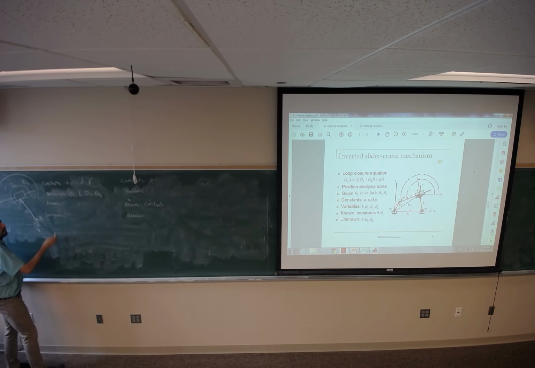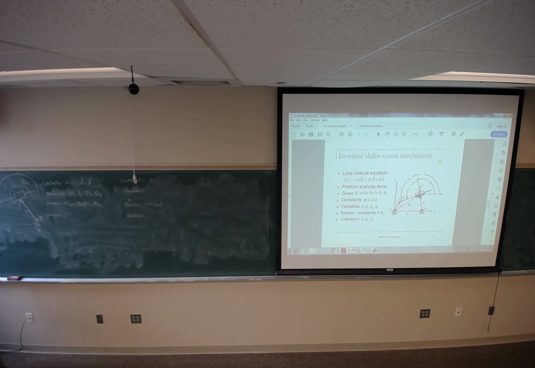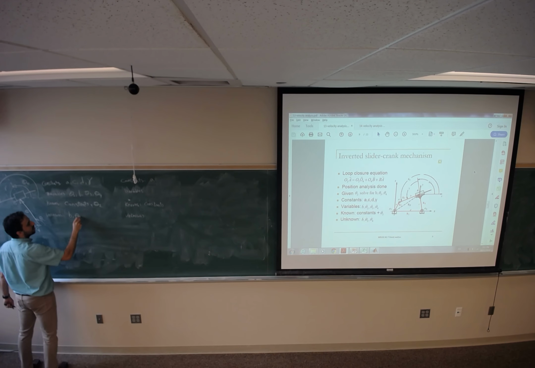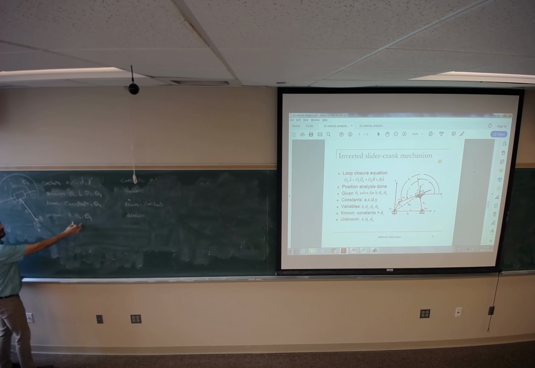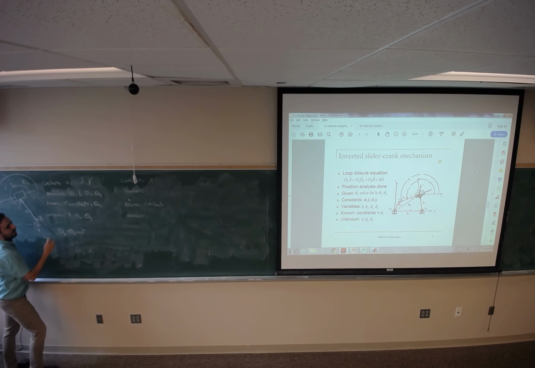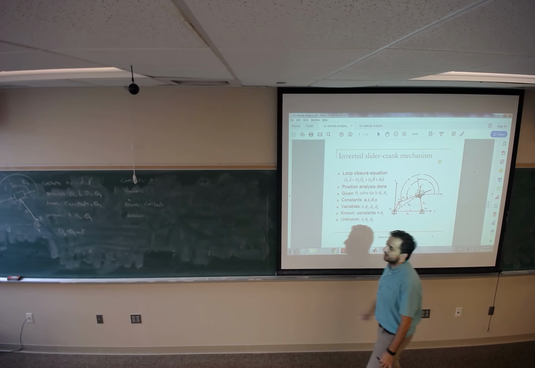The knowns would be the constants, plus theta 2, the input angle, and we are solving for B, theta 3, and theta 4. We learned that theta 3 and theta 4 are dependent. As you see, theta 3 is theta 4 plus gamma. So these two are dependent. We can solve two equations for two unknowns, find B and theta 4.